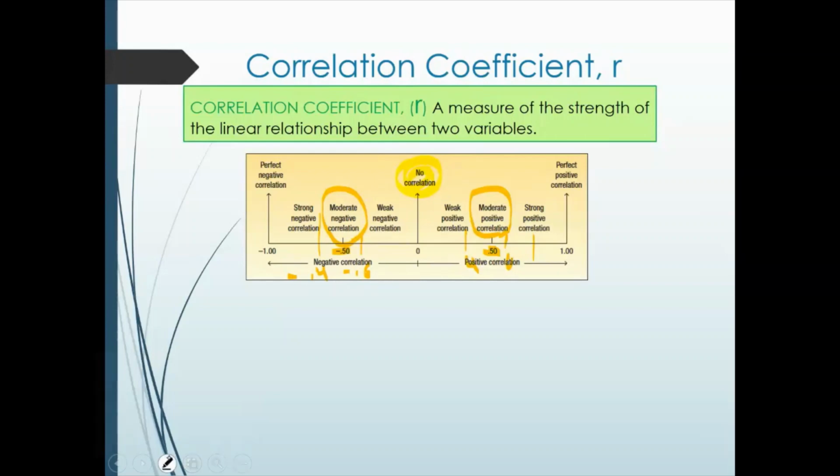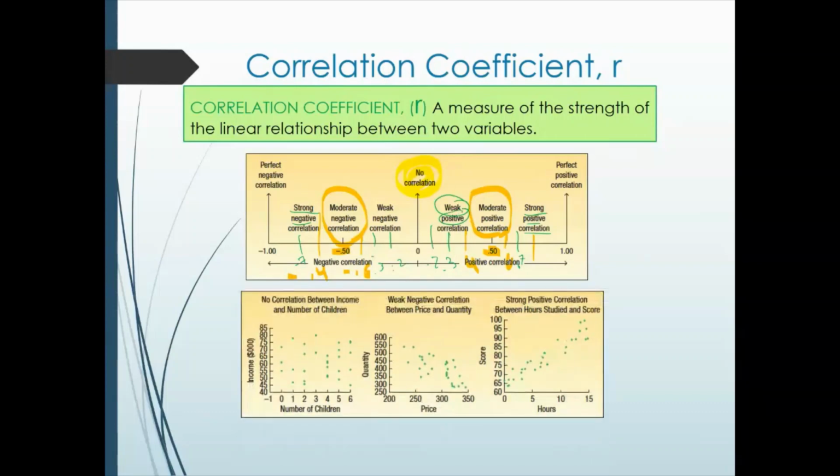And from 0.7 onwards, whether positive or negative, you're looking at strong correlation. When you have your 0.3s, 0.2s, and getting closer to zero, whether positive or negative, you're looking at weak correlations.